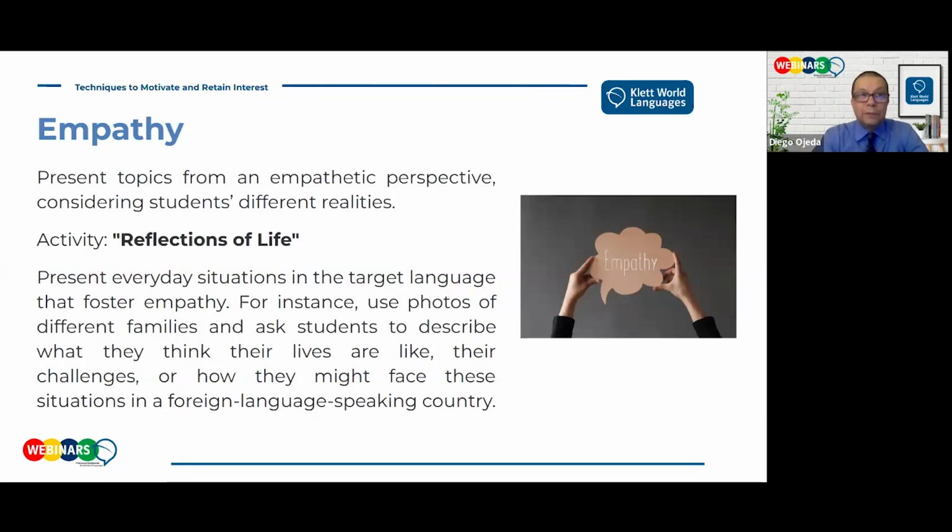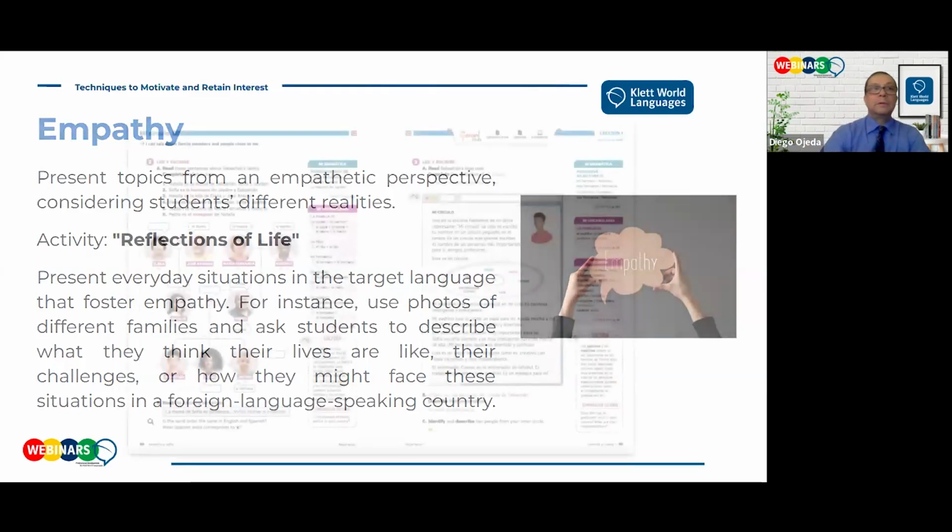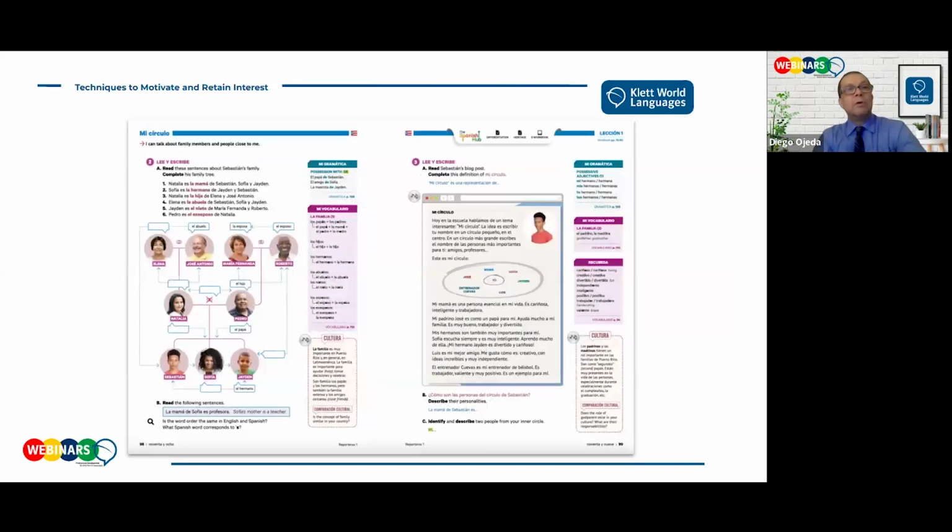They are maybe foster kids. So that empathy has to be reflected in what we propose in our classes. And that's why giving them autonomy is important, because then they don't have to adjust to a specific label, right?